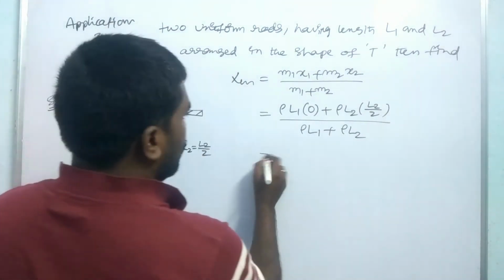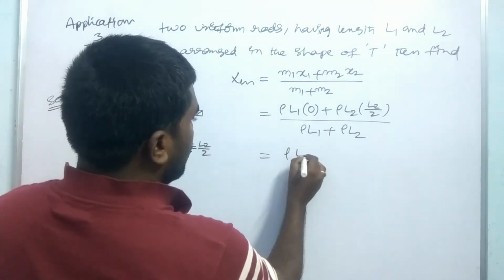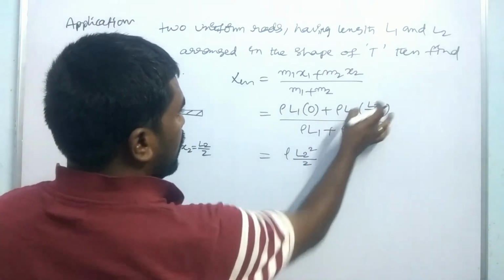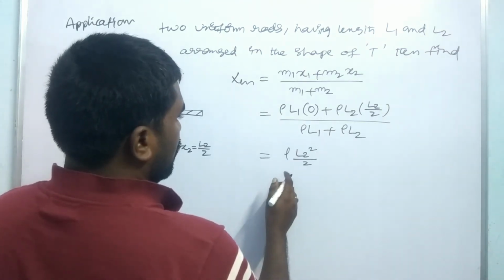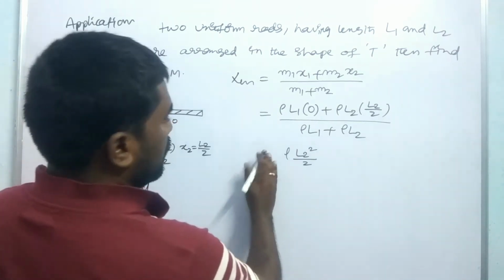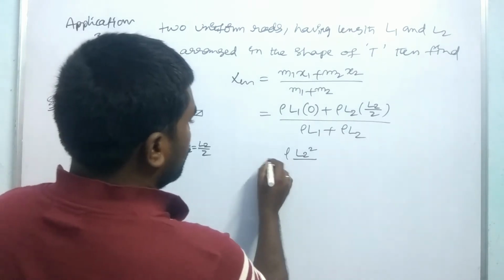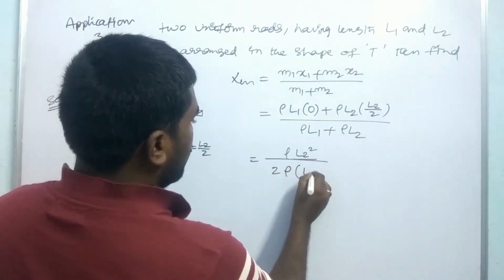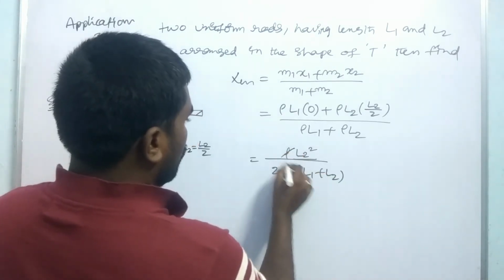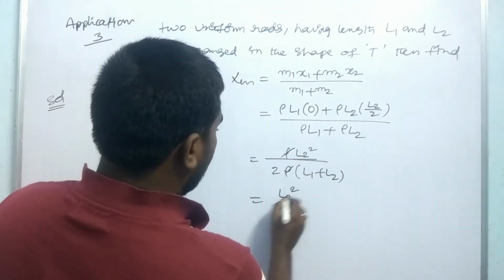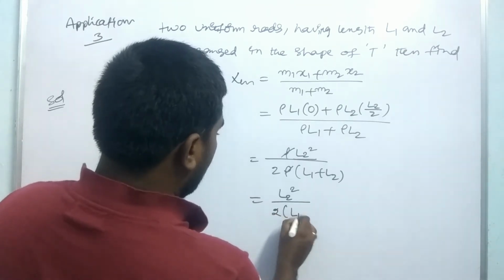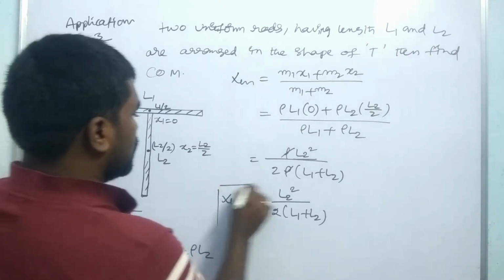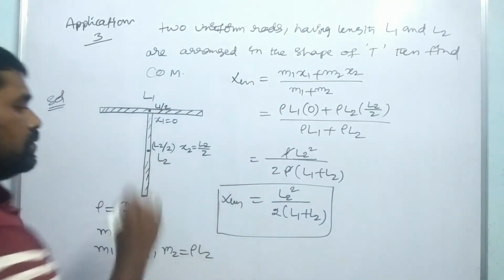This is 0 and rho into L2 square by 2, by rho times L1 plus L2. Rho gets cancelled, so it is L2 square by 2 into L1 plus L2. So this is the center of mass of this arrangement.